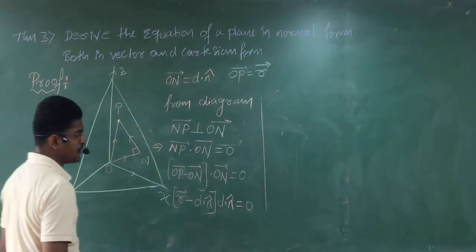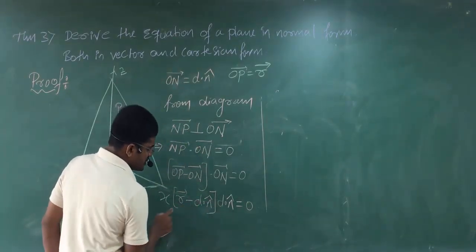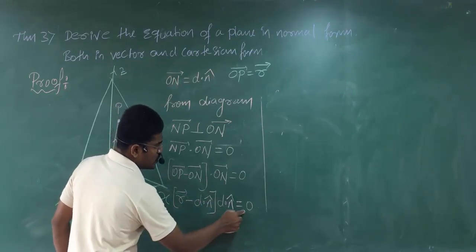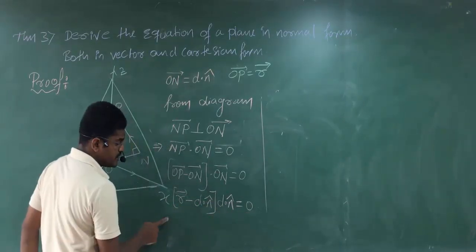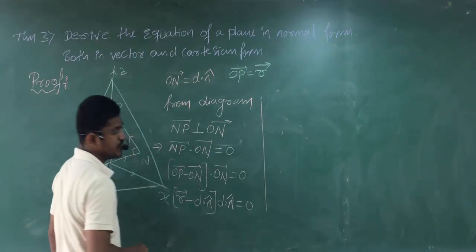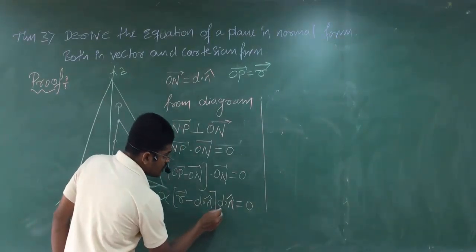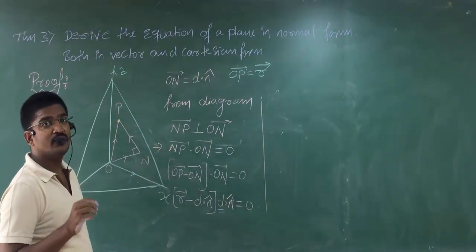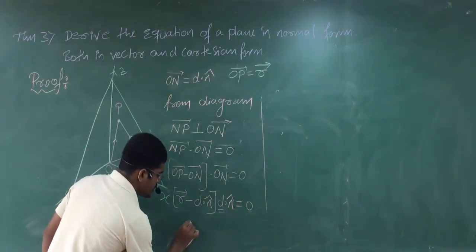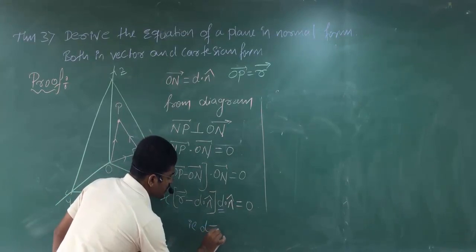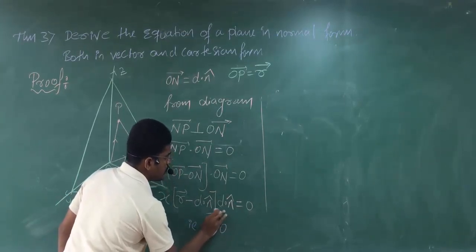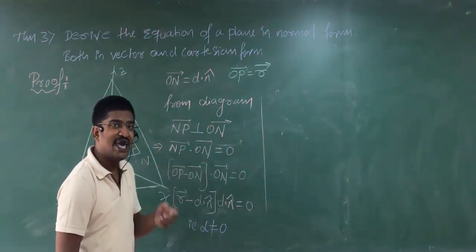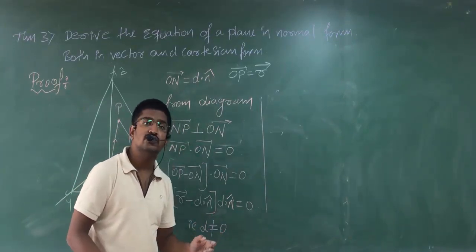See here what happens. If this product must be equal to 0, one of the terms must be equal to 0. Here what is d? d is magnitude, that means length. So d must be not equal to 0, as we know that length will be not equal to 0.